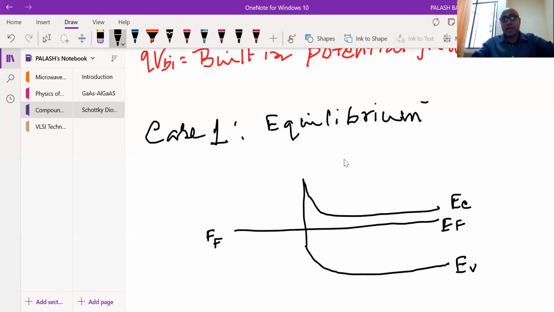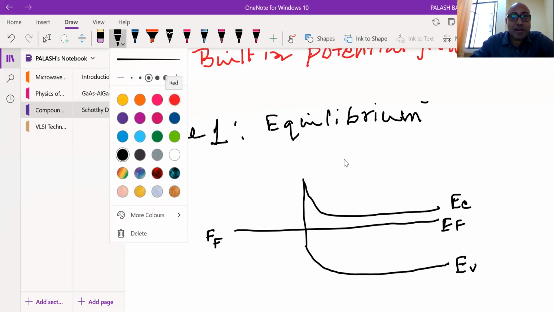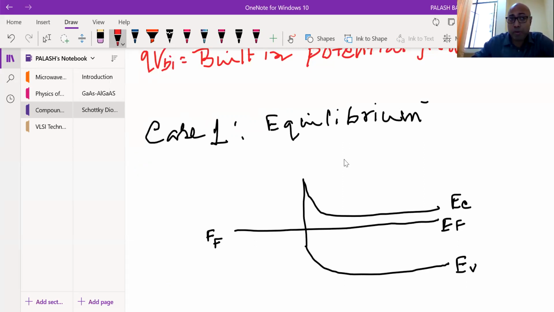So let me draw the equilibrium condition which we have just now discussed and try to find a few parameters. Just remember our last semester discussion, where we discussed how to calculate the carriers if you have a PN junction diode or any type of material.